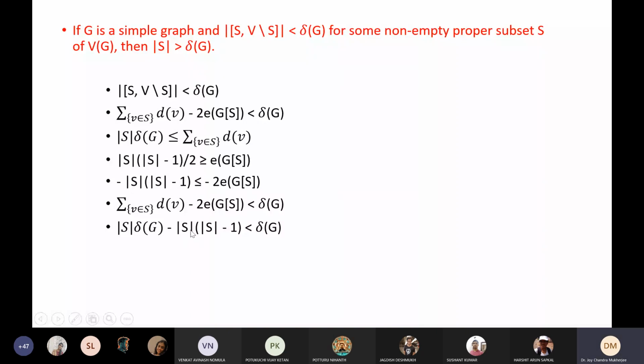Okay, we replace this value here, and this value here. Then, simple mathematics. This will come to this side and this will go to the other side. So S into S minus 1 goes to the other side, that is greater than delta G into S minus 1. Now S minus 1 cancels out from both sides, so mod S is greater than delta G.